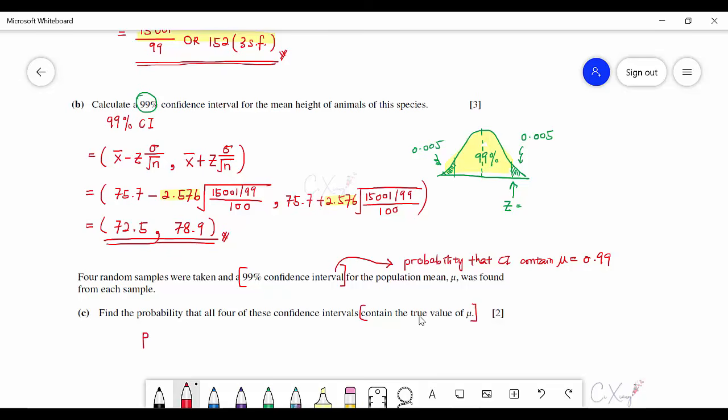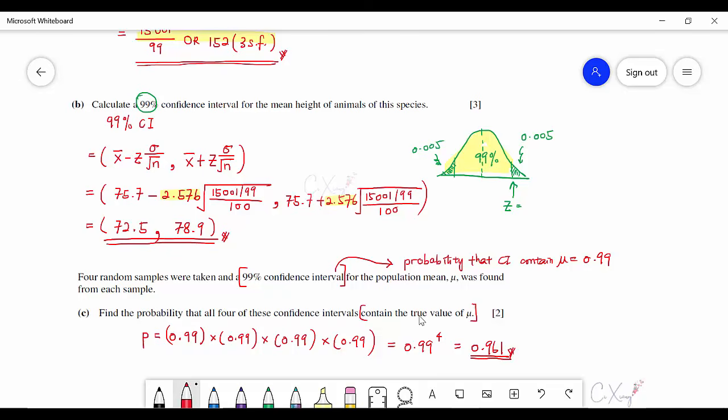So what will be the probability? The first confidence interval containing mu is 0.99, the second is also 0.99, the third is the same, and the fourth is the same. So in short, it will be 0.99 to the power 4, and the probability equals 0.961.